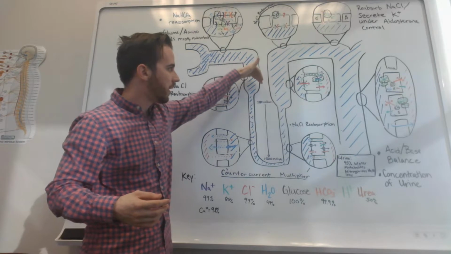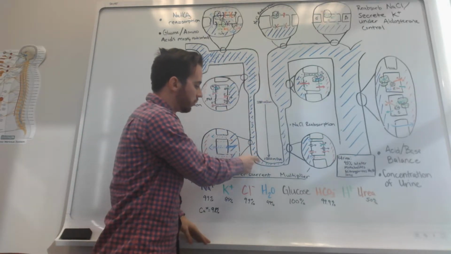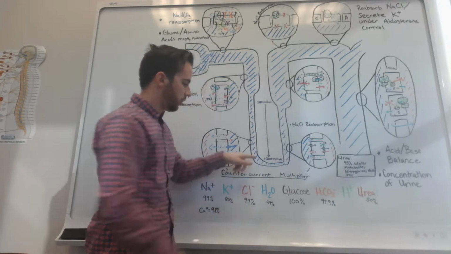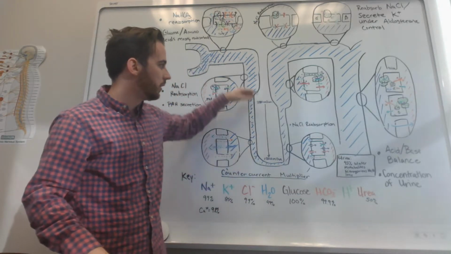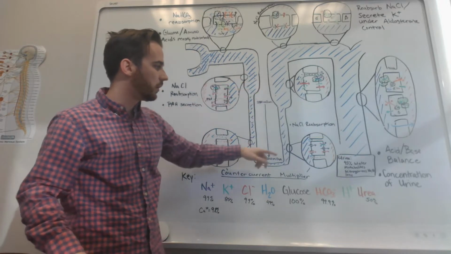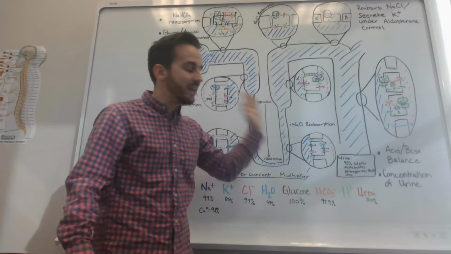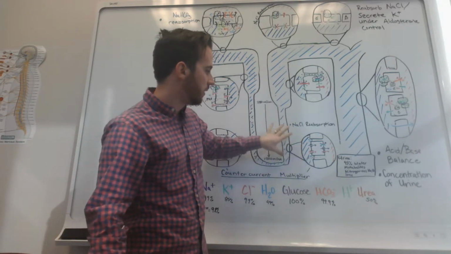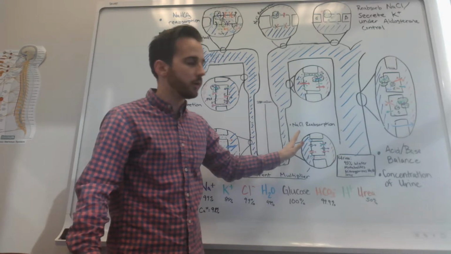But what ends up happening is, as the water is able to be pumped out, we get really highly concentrated filtrate down here and lesser concentrated filtrate up here. And that is maintained actually by the fact that the ascending loop of Henle is not permeable to water.